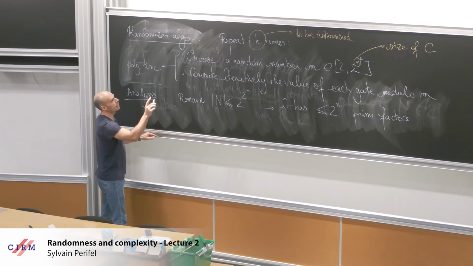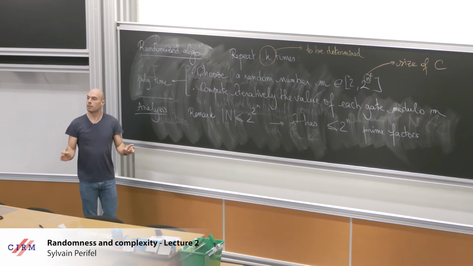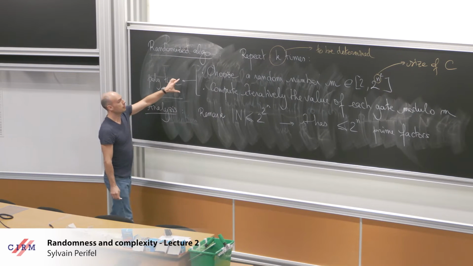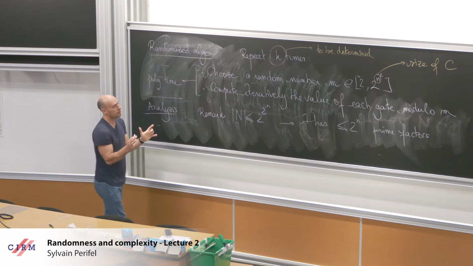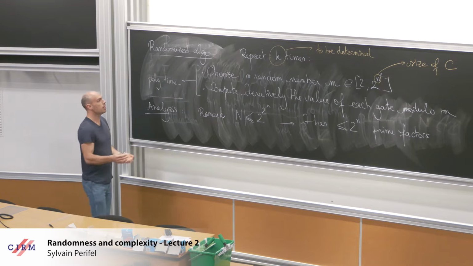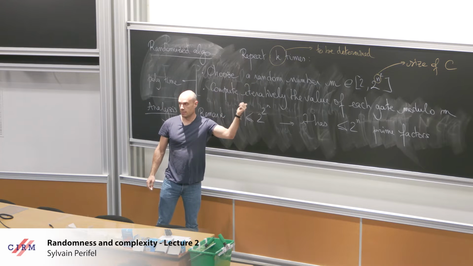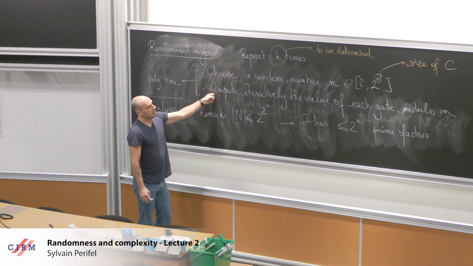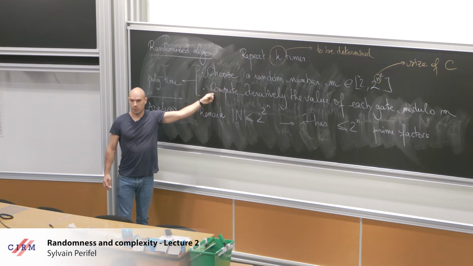If capital N is 0, then of course you will answer that the number is 0, because every time you will obtain 0 here. But if capital N is not 0, possibly you could choose a random number that divides capital N. In that case, you make an error, because you will say the value of capital N is 0, but actually it is not.